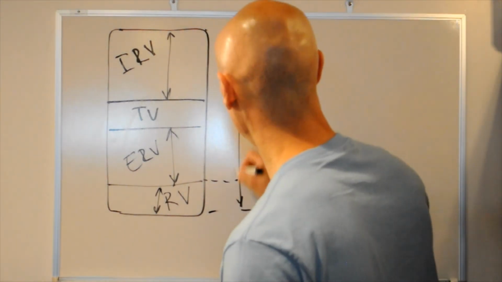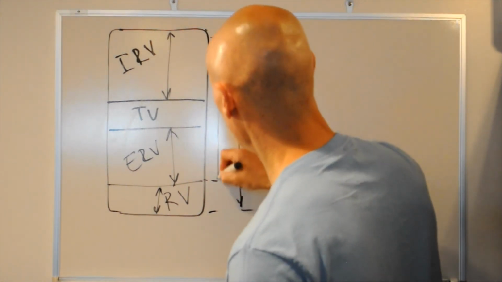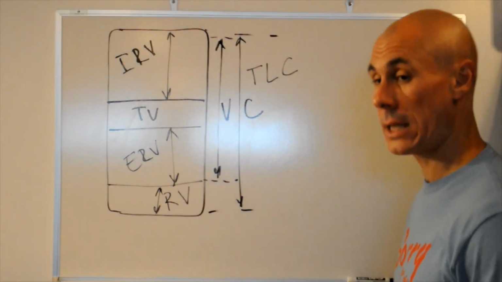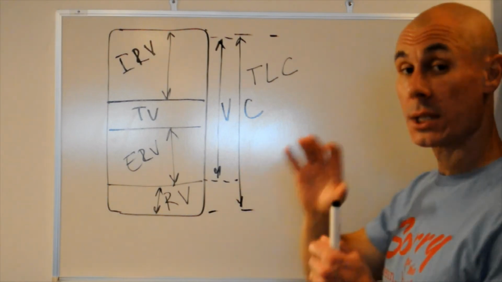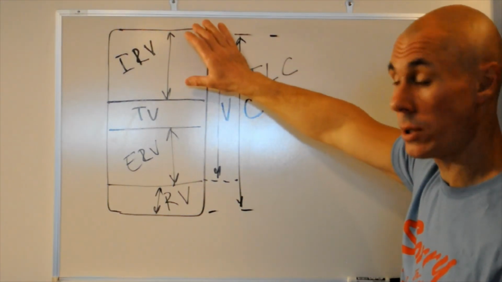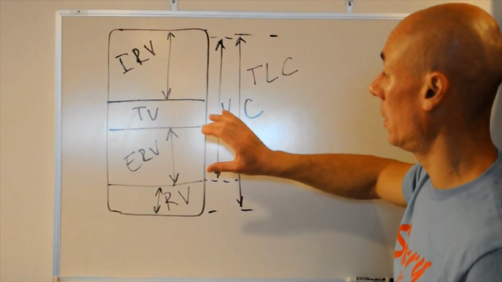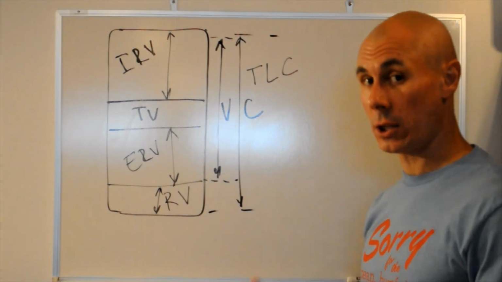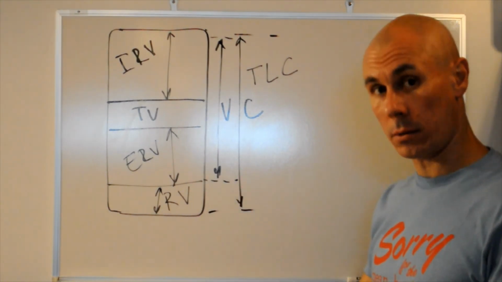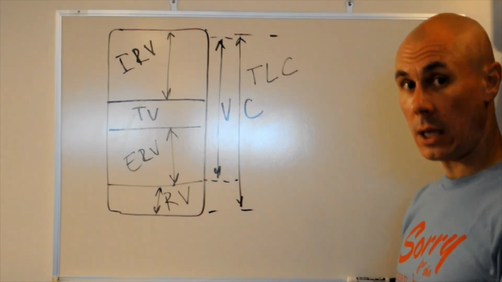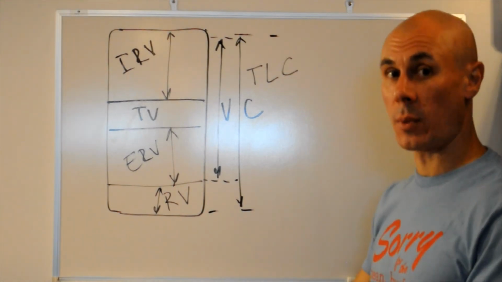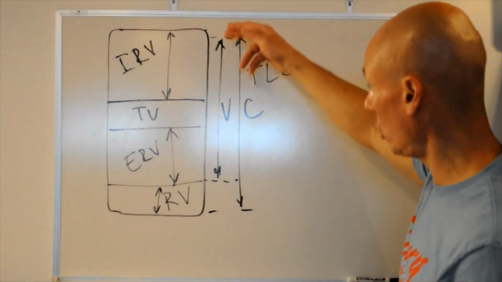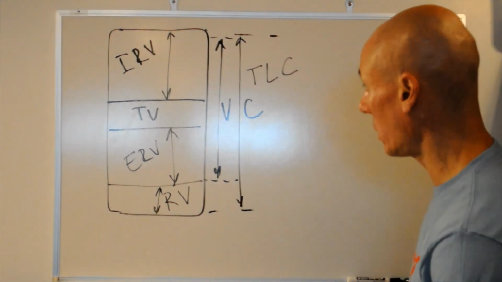Now, this is vital capacity. So vital capacity reflects the sum of inspiratory reserve volume, tidal volume, expiratory reserve volume. That is the amount of air that you can move in or out. So say when you inhale to the top of your lungs and then you exhale as much as you can, that exhalation volume should be vital capacity.